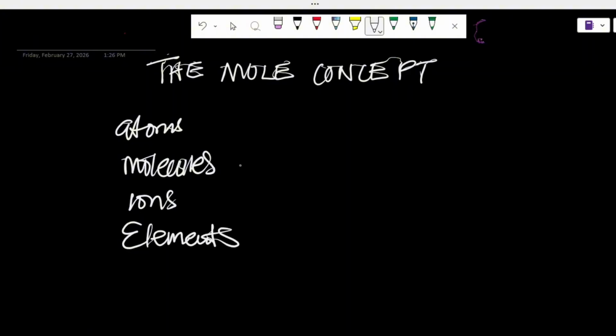Now, these particles are too tiny to be counted. And so how do we count the number of atoms, molecules, ions, or elements? This is where we have the mole concept.